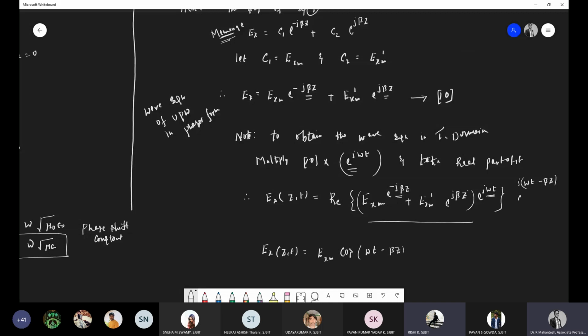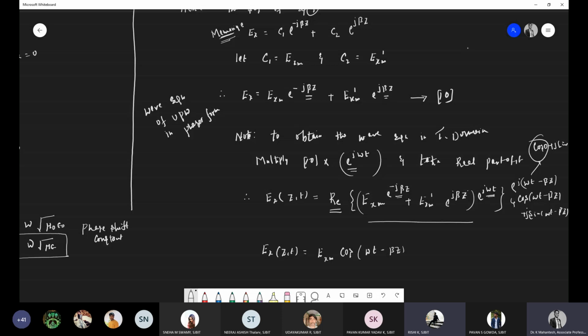And the real part is cos of omega t minus beta z. So e power j theta can be expressed as cos theta plus j sine theta, and I will represent only the real term here.